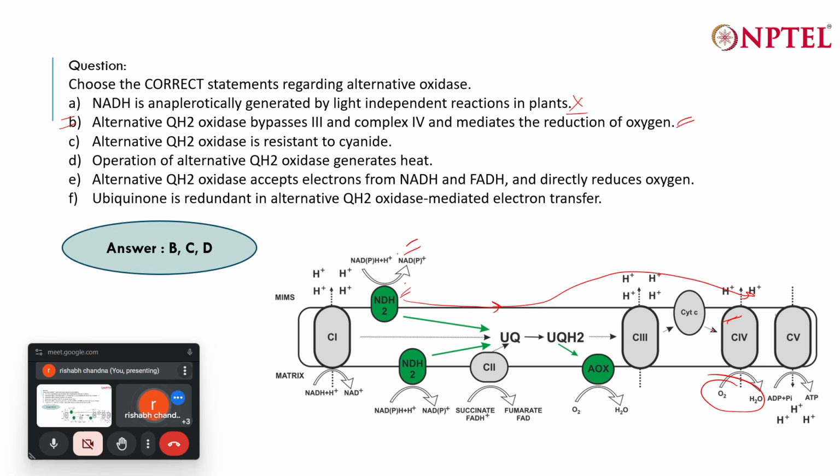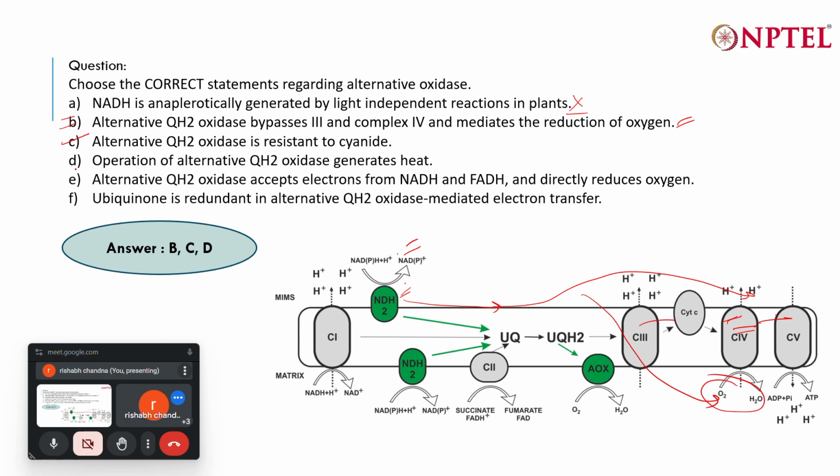So it can directly bypass complex 3 and complex 4, and it can directly transfer the electrons to oxygen. So that when cyanide is inhibiting complex 4, the plant continues the oxidative phosphorylation. Then alternative QH2 oxidase is resistant to cyanide. Yes, this is because the cyanide doesn't affect it.